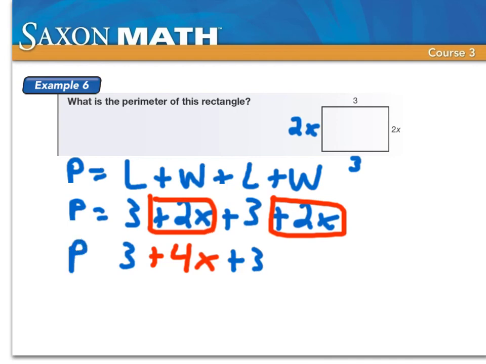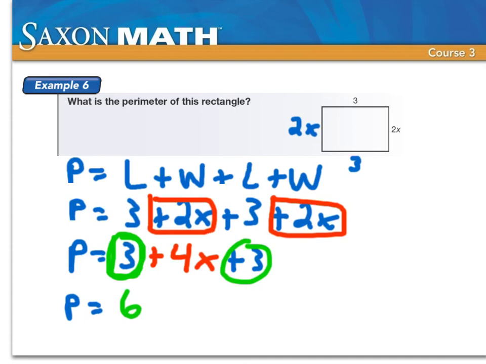Well, now, do I have any other like terms? Again, we said earlier, constants are always like terms. Okay, so 3 and 3 are like terms. Okay, because they don't have any variable parts. So now I've got my perimeter is equal to 3 plus 3 is 6.